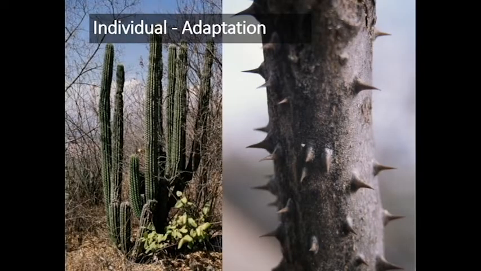Now, I use the word adaptation for our plants, and what I'm talking about here are physiological, physical, morphological traits of plants that maximize their fitness, their capacity to reproduce, and for their offspring to reproduce as well.